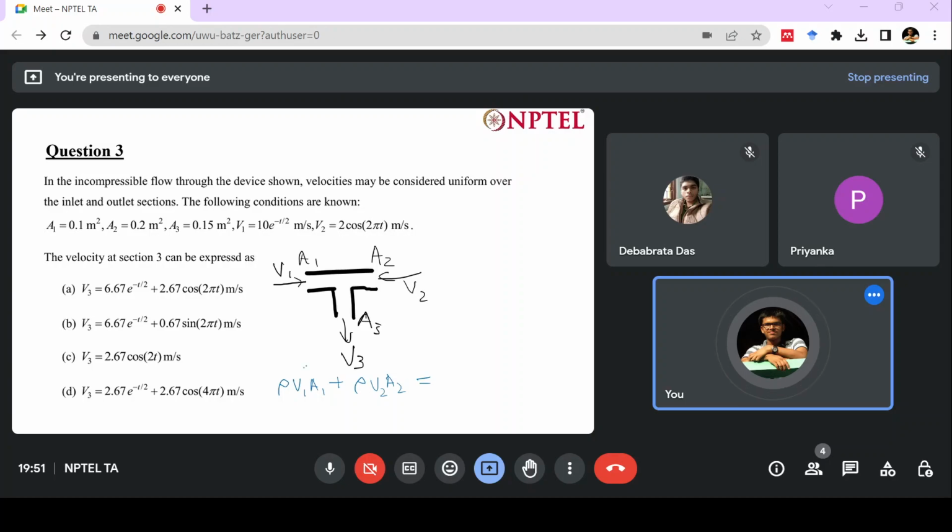This will be equal to the outlet, so rho v3a3. Rho will cancel, and v3 is equal to v1a1 plus v2a2 divided by a3.